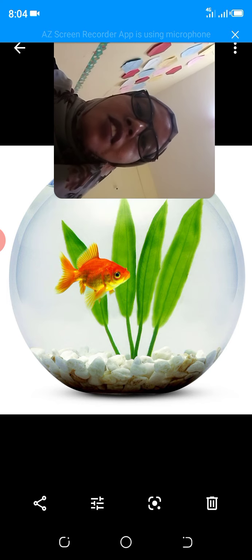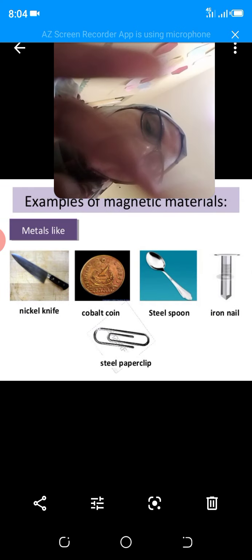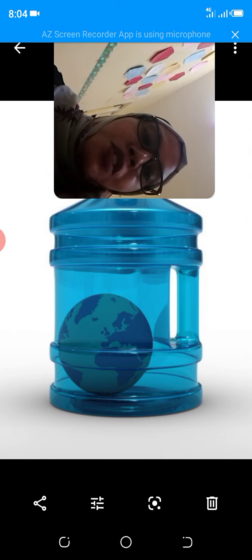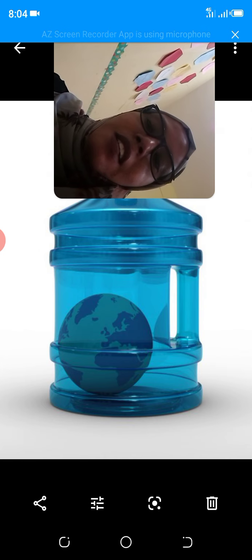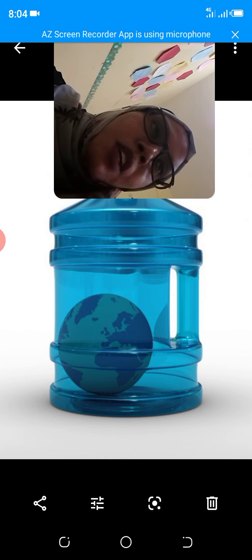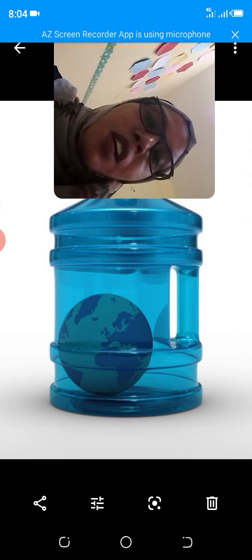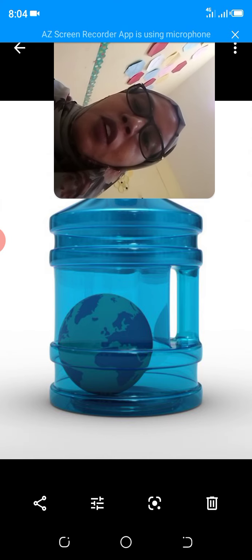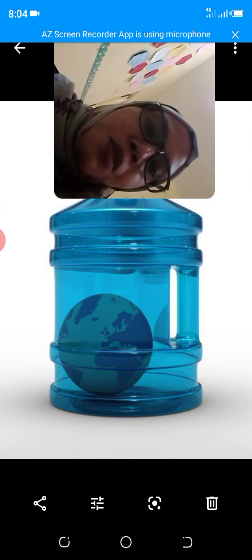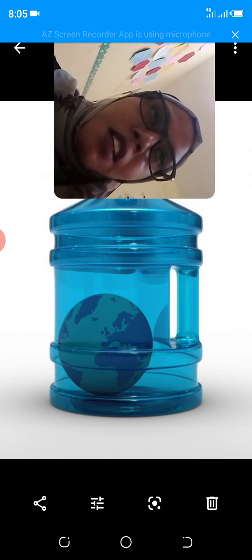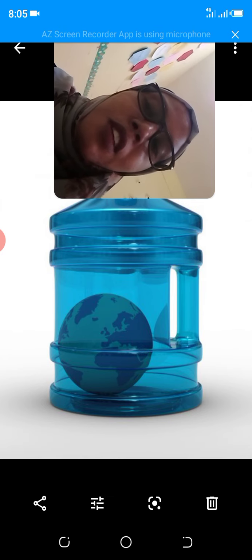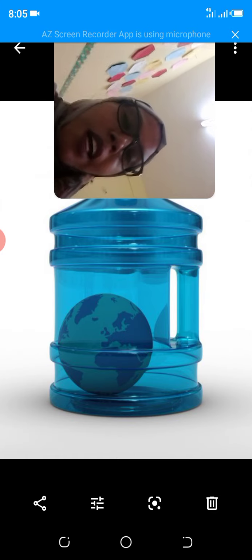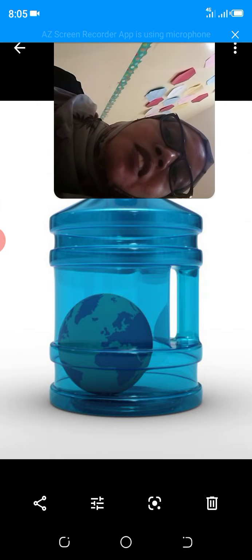Just like this plastic here, this plastic is translucent material. When I put a light source, I will find that some of the light can pass through this material. It is not like the glass. It will let the light pass through it, but only some of it.